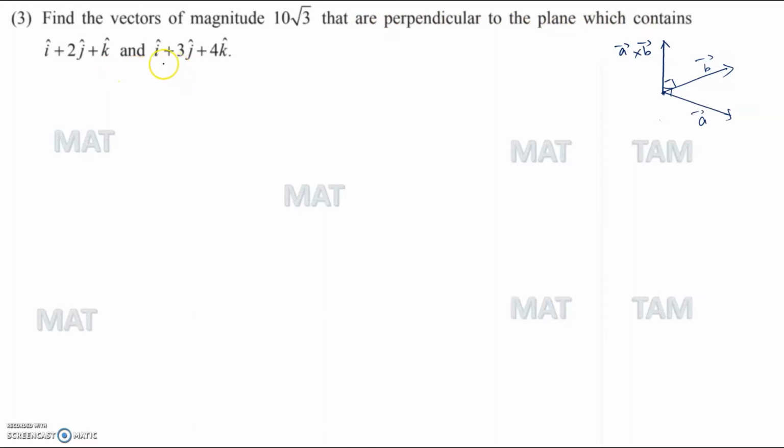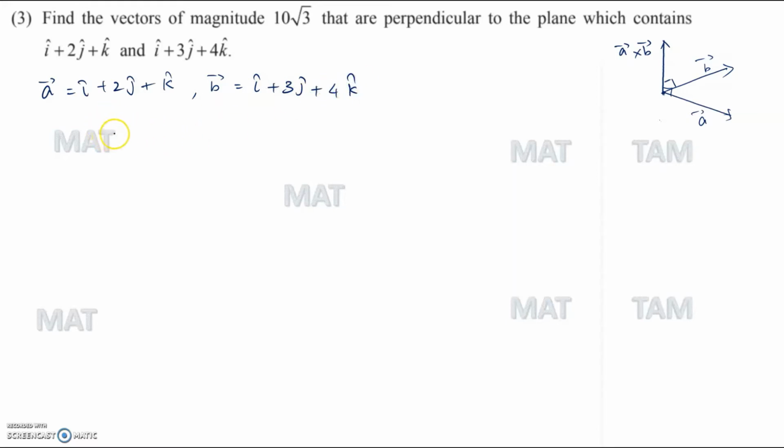So when we draw a vector which is perpendicular to these two vectors, then automatically it will be perpendicular to the plane. So let's define vector A as i cap plus 2j cap plus k cap, and vector B to be i cap plus 3j cap plus 4k cap.